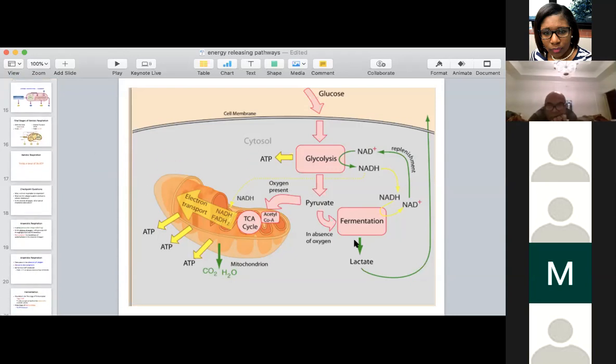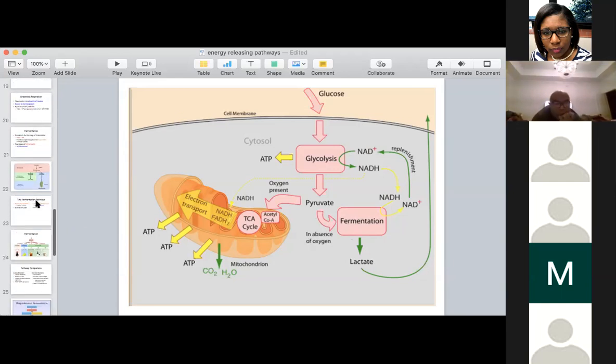So in the absence of oxygen, these organisms that are anaerobic don't have a requirement for oxygen to survive. Oxygen can be lethal for these organisms. Physiologically, the body shifts into a different pathway, and that pathway is fermentation, when there's no oxygen present.